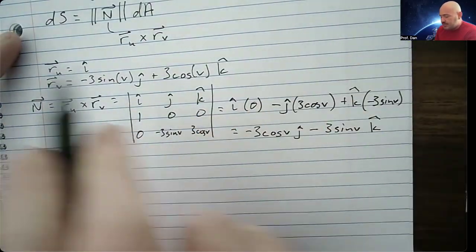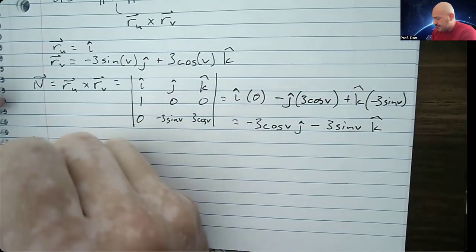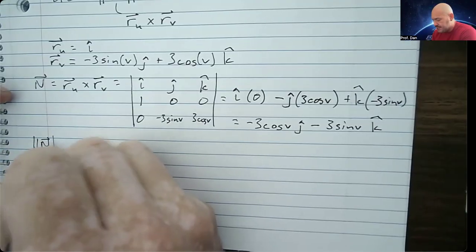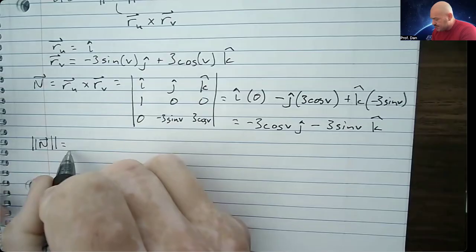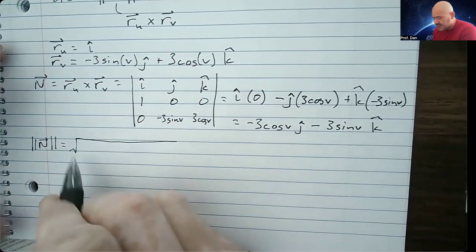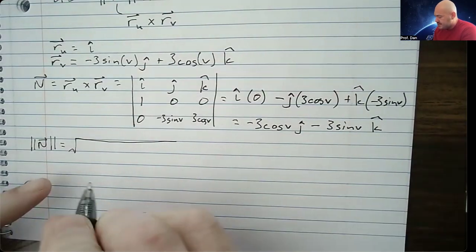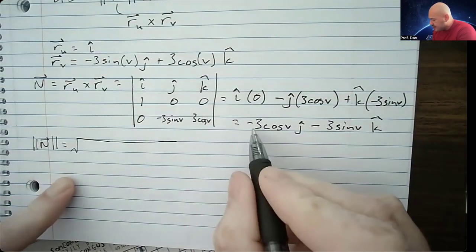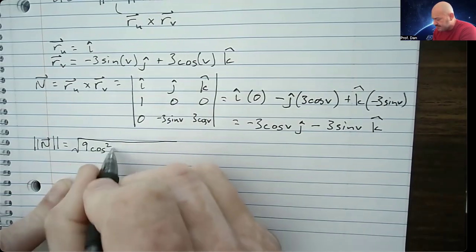And to rewrite my differential ds, I'm going to need to find the magnitude of this normal vector, which remember is just the square root of the sum of each component squared. So 0 squared gives me 0. If I square -3 cosine v, I get 9 cosine squared v.